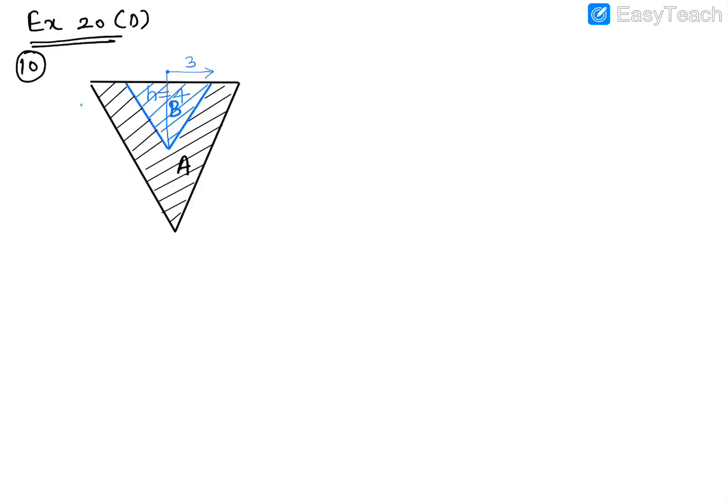And for the bigger one, the radius is 6 and the height is 10 centimeter. Now what are you asked to find? Notice this properly. You have to find the ratio of the volume of metal A to the volume of metal B.